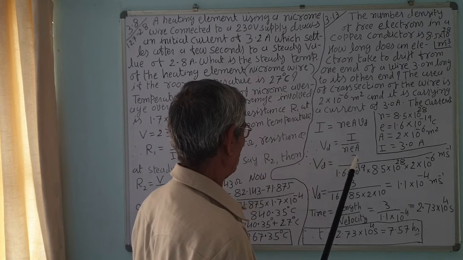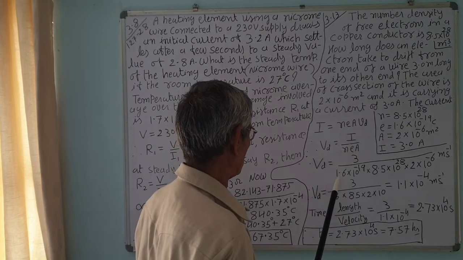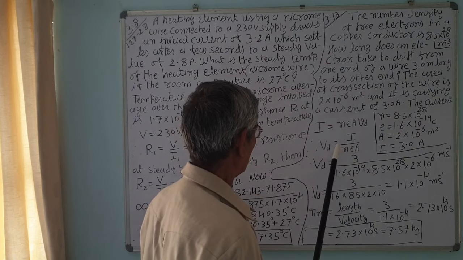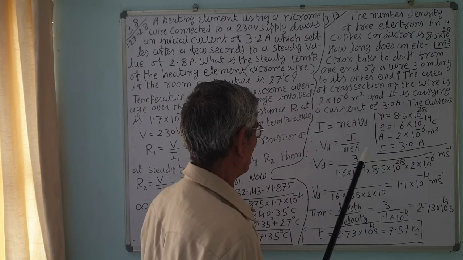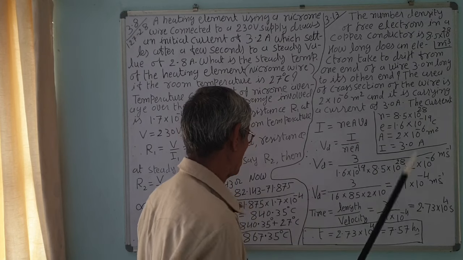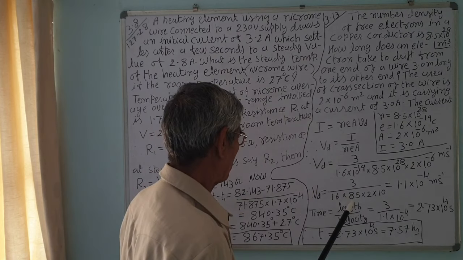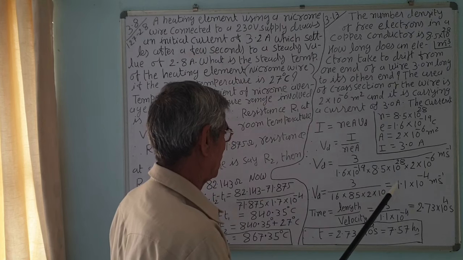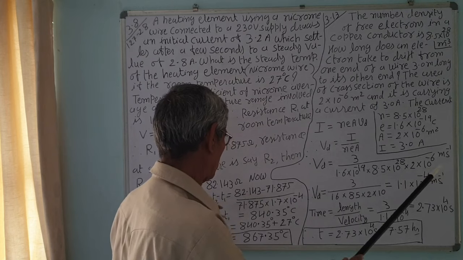Introducing the values: 3 upon 1.6 × 10^-19 × 8.5 × 10^28 × 2 × 10^-6. Simplifying, that is equal to 1.1 × 10^-4 meter per second.